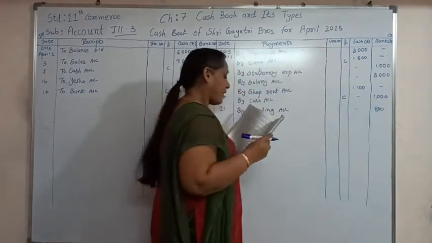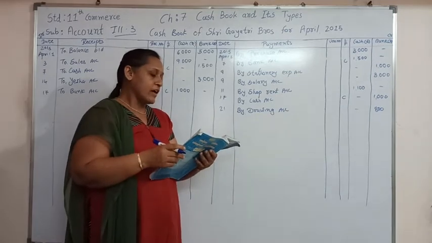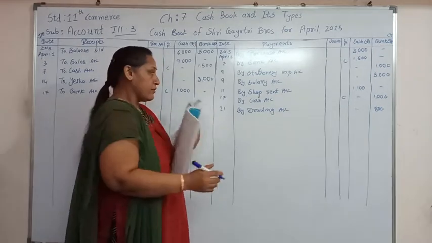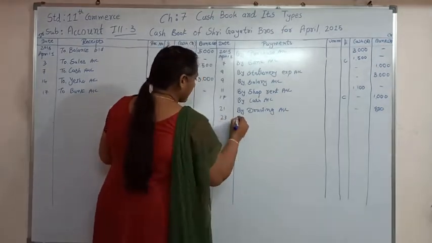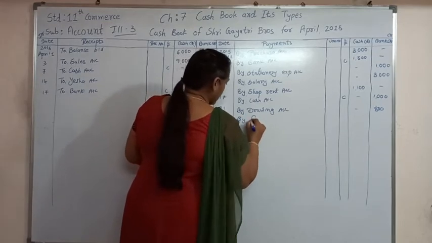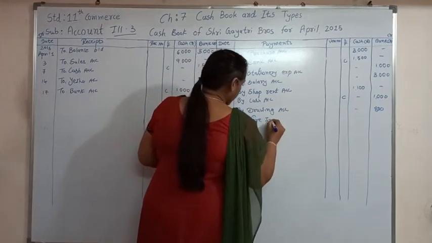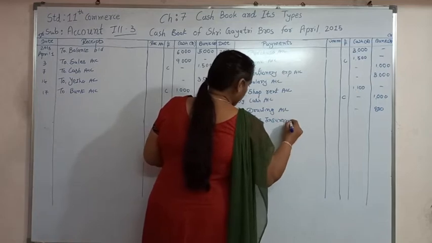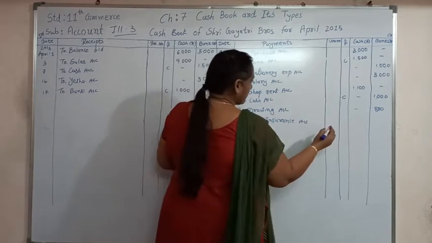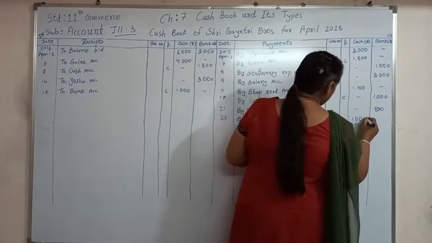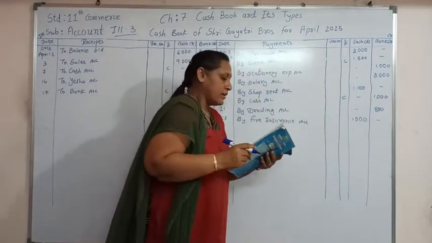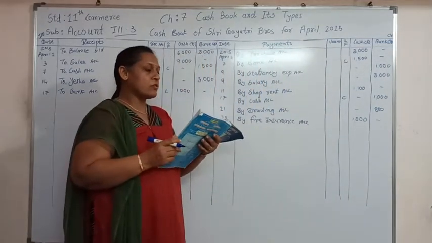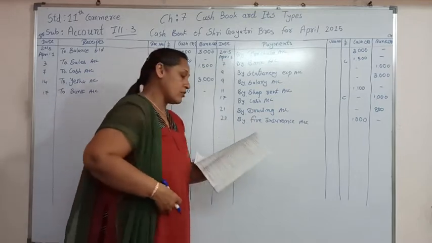Now on date number 23, fire insurance premium paid. So here we are going to pay by cash, by fire insurance, and the amount is 1,000. Okay. On 27, place an order. Placing an order is a non-economic transaction.